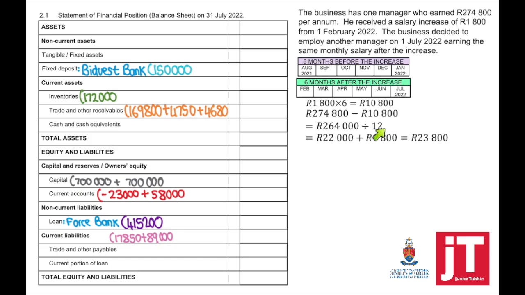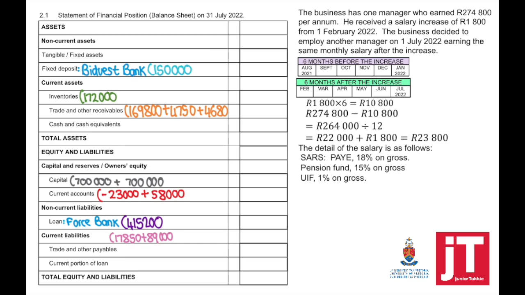If we divide it by 12, that is the monthly salary before the increase. Plus 1,800 means after the increase he earned 23,800. And the new manager is going to earn the same monthly fee after the increase of this manager.